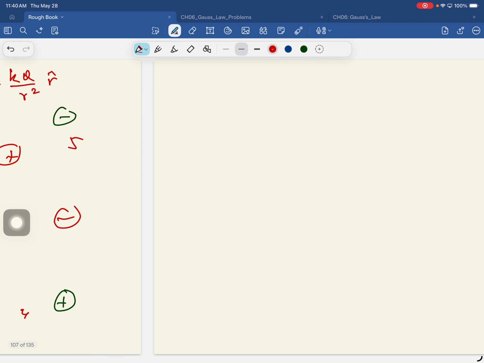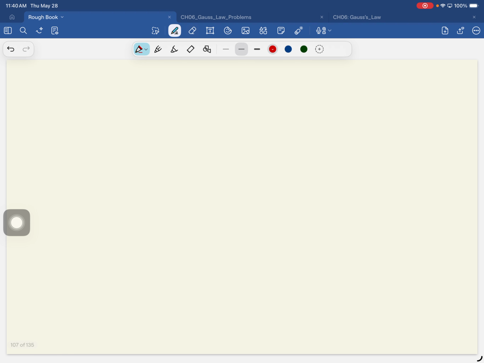Zero. How much water is flowing through this ring? What matters is the area perpendicular to the flow.